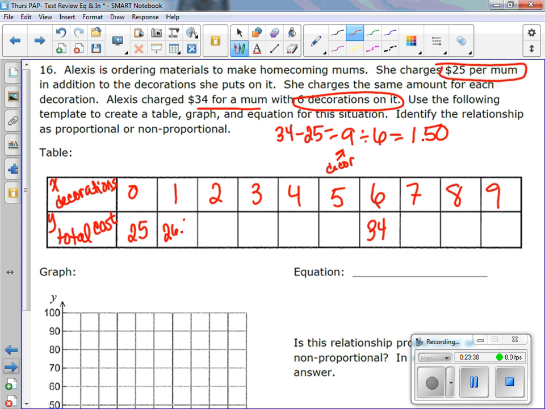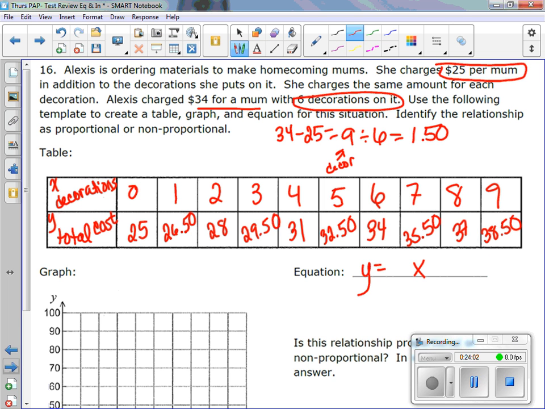So that means for one decoration it's $26.50, 28 for 2, $29.50, 31 for 4, $32.50, 34, $35.50, 37, $38.50.